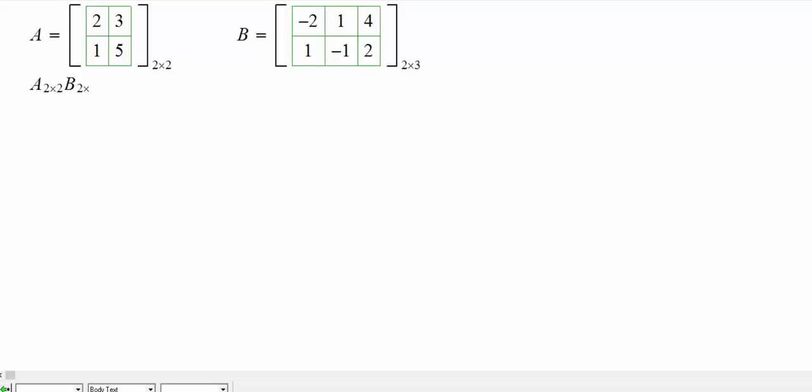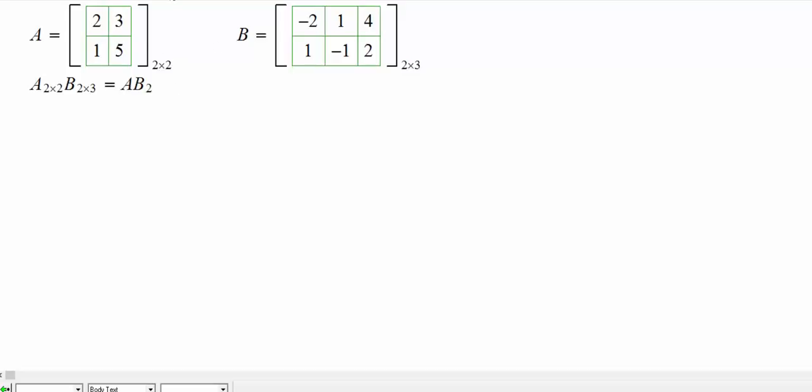Okay, so let me again mention that this number of columns has to match this, and the product, which we are going to call AB, of course, would be what?